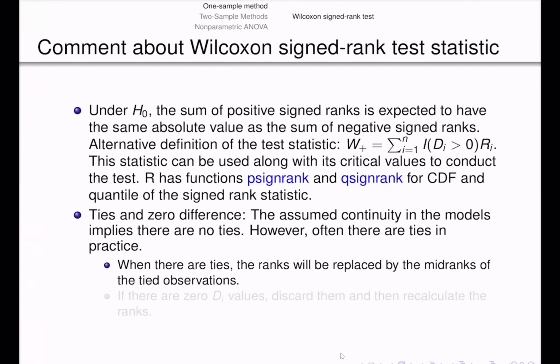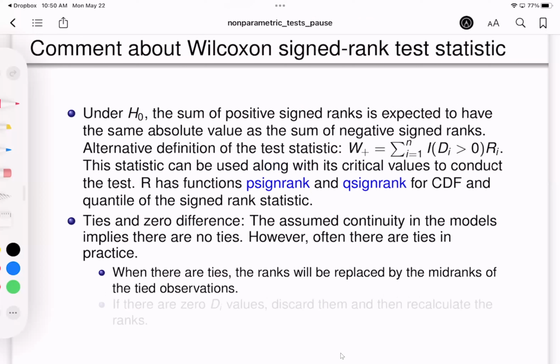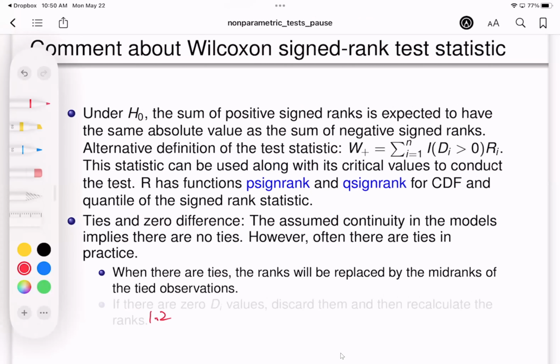So for mid-ranks, suppose the observed data are, for example, 1.2, and then another data is 1.2, and then the next observed value is 2.1, and then 2.4, and so on. Let's say these are the observed values, already ordered 1, 2, 3, 4.